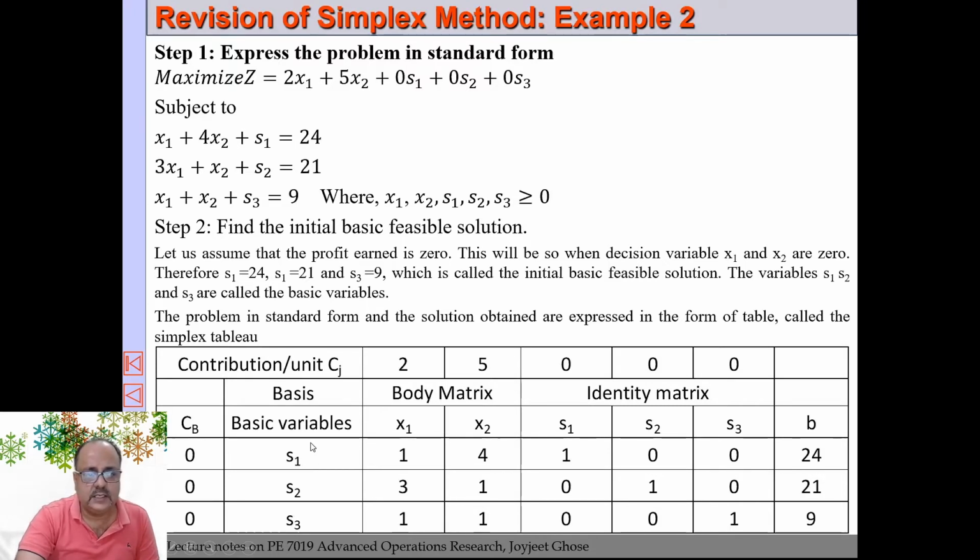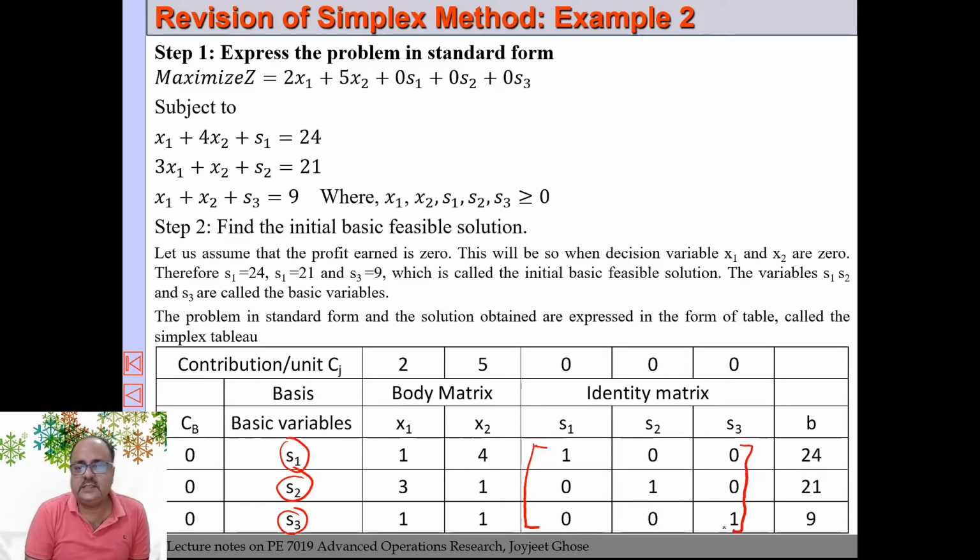So s1, s2, s3 are the basic variables, and you can see if I form a matrix of the basic variables, sorry, I'm not very good with this pen, please bear with me.